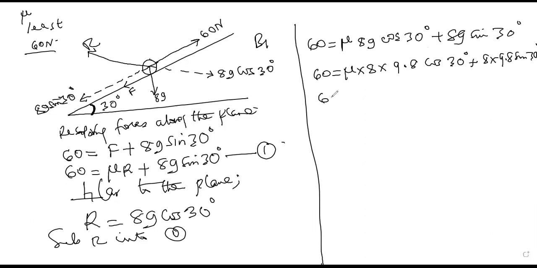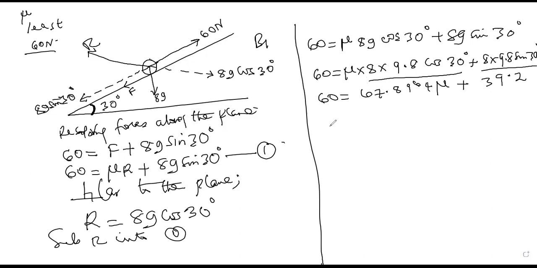So 60 is equal to, when you compute this, 8 times 9.8 times cos 30, it's going to give you 67.8964 mu, plus when you compute this, 8 times 9.8 sin 30, you get 39.2. Okay?